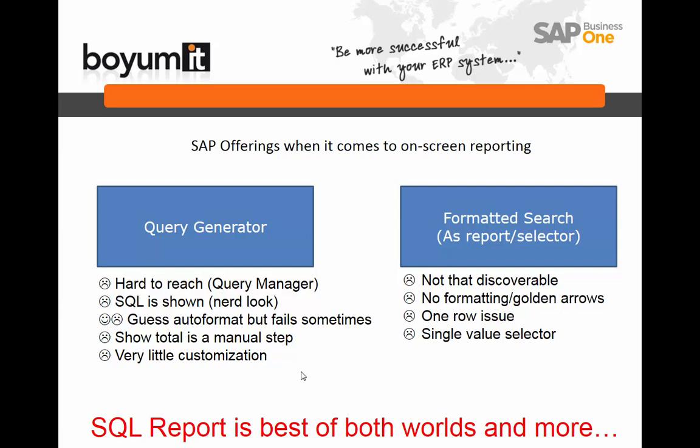I won't go into much detail on the differences, but there are some lacking features in the query generator. While it works, it's hard to read. The SQL is shown. It's not as configurable out of the box. Formatted searches as well are not really discoverable, with no formatting and so on.